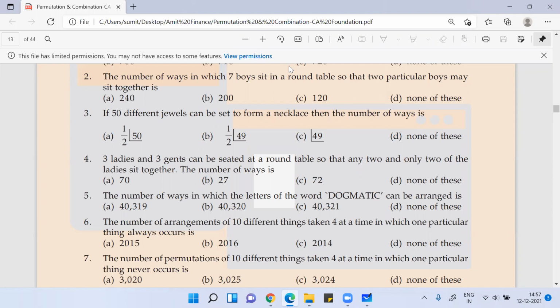You need to select 3 things from the 9 things, so that would be 9C3. And one thing is always there. Then you can interchange their places in 4 factorial ways. So the answer for this would be 9C3 into 4 factorial, that would be 2016.